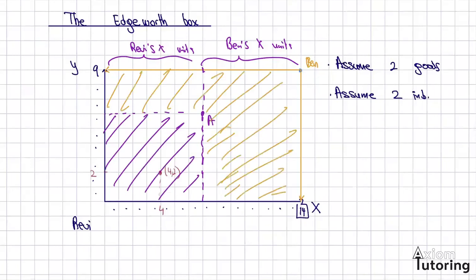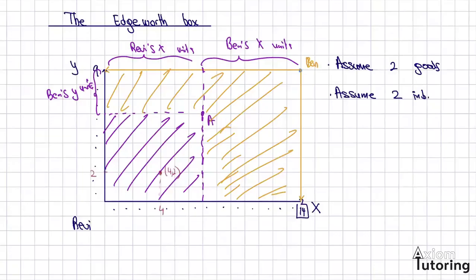Now, of course, the areas there don't make a lot of sense. That's why we need to focus more on the units that they're getting. So at that point over there, Ben is getting this bit of Y. This is the Y that Ben is getting, Ben's Y units.